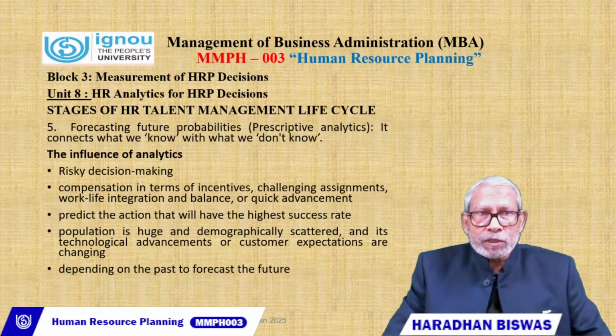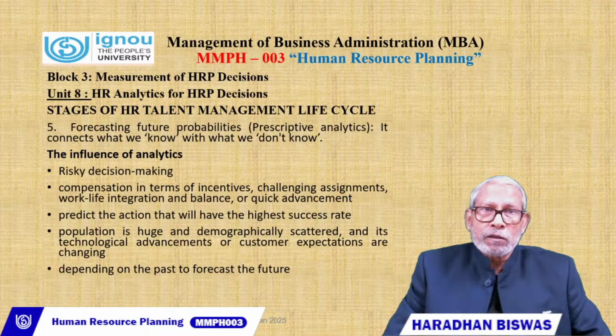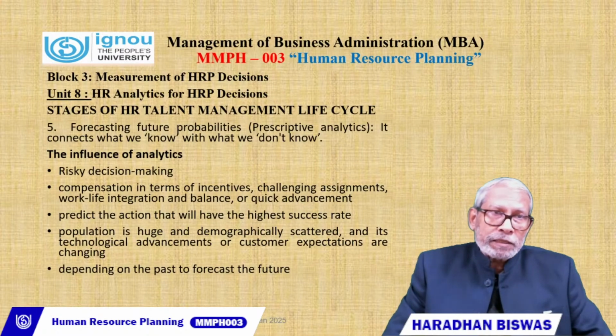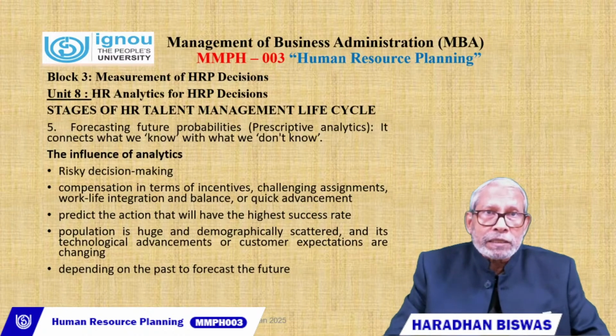Then the next stage, the fifth point, is forecasting the future probabilities. That is your predictive analytics. It connects with what we know and what we don't know. Actually, you have to see some of the influences. What are the things behind it?